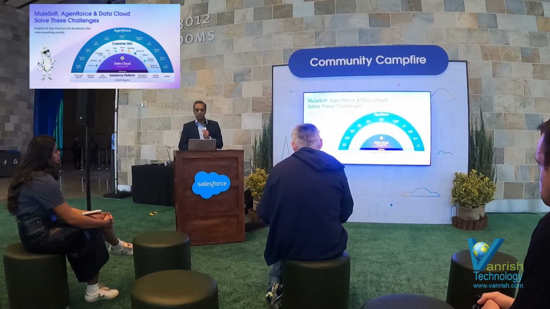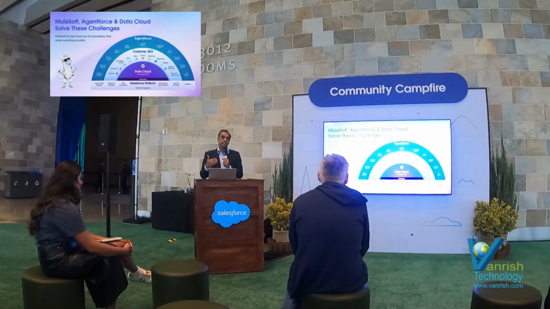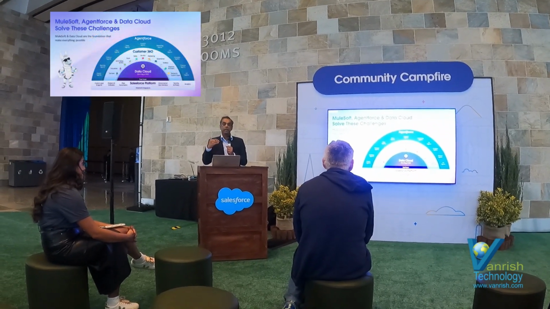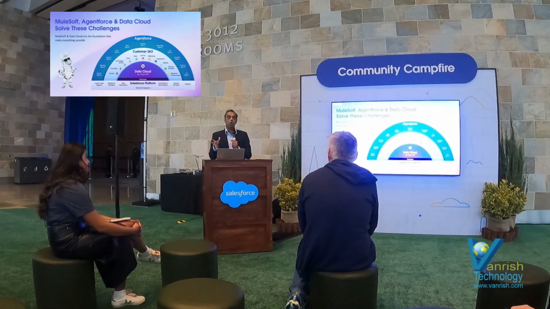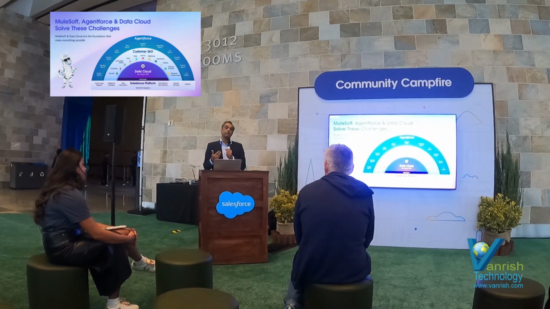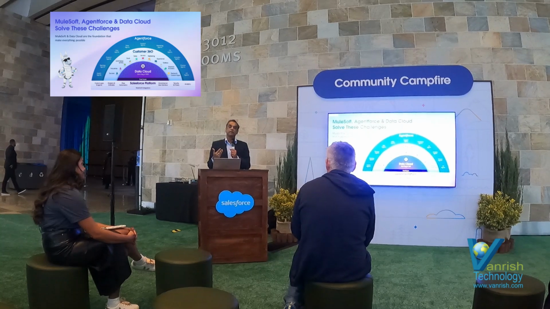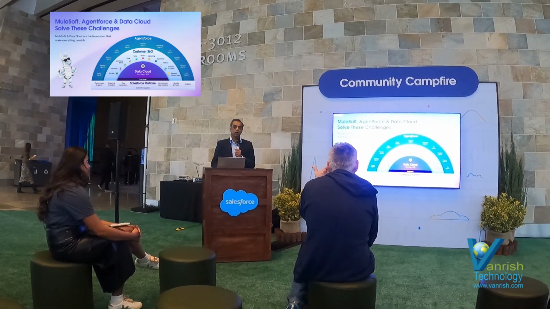At the bottom is the Salesforce platform or any of your data, and then you enable that data through Data Cloud, and then you create a Customer 360, and based on all that information, you create an Agentforce so that you can automate and provide more AI enablement of your data. That's how you can enable all your data.